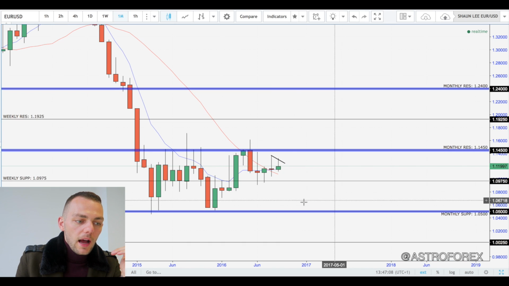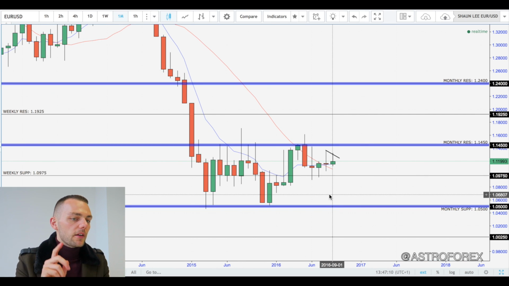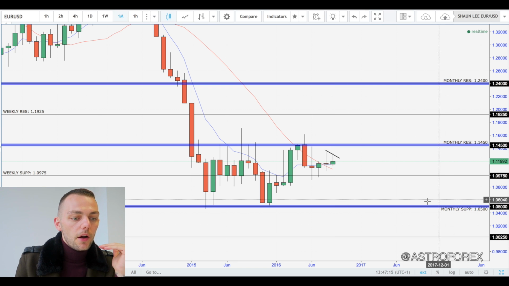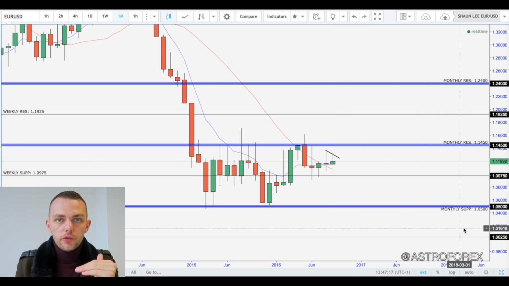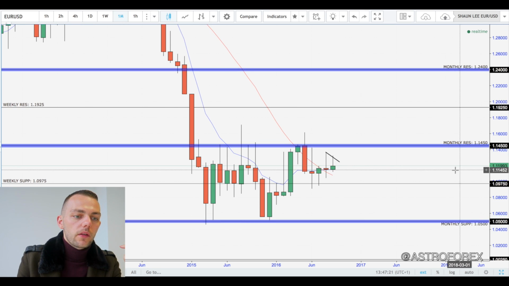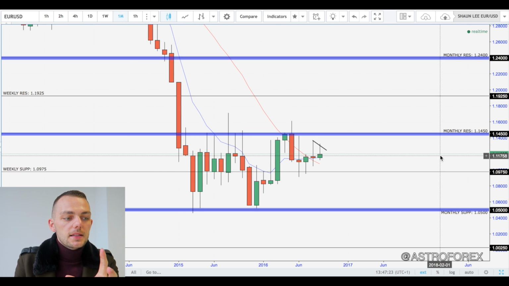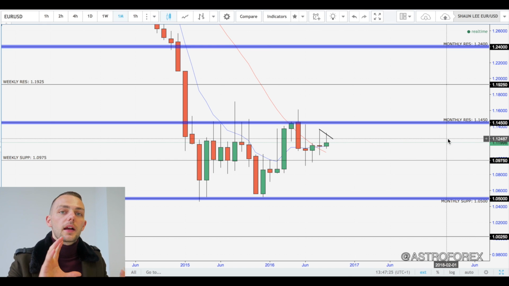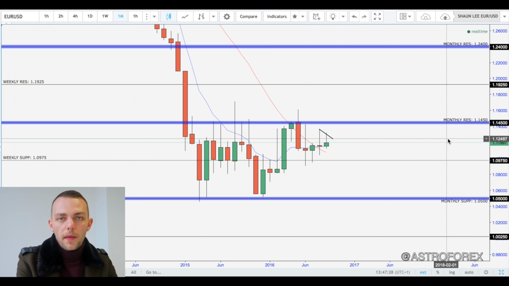Recently, we have just been consolidating back and forth between my monthly area of support, which you can see right here, 1.0500, and the next barrier to the upside, which is 1.1450.